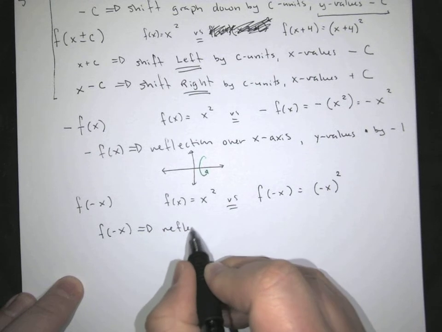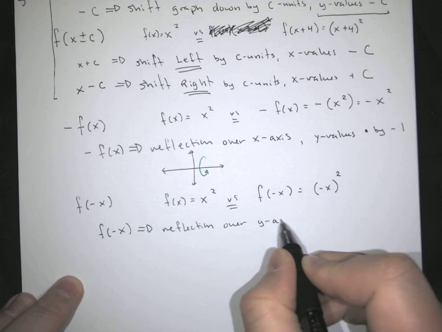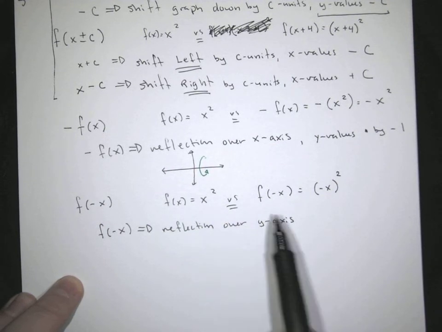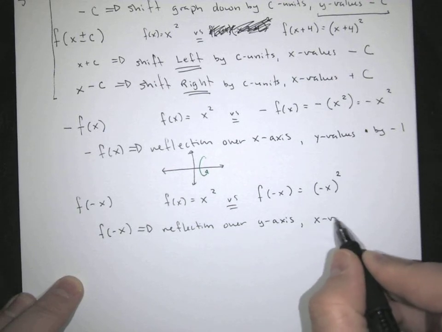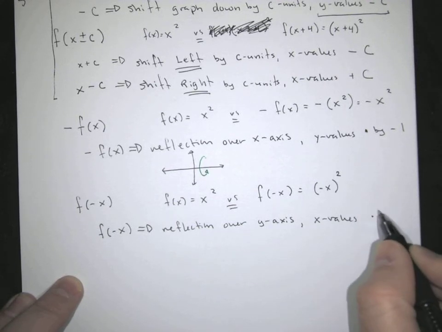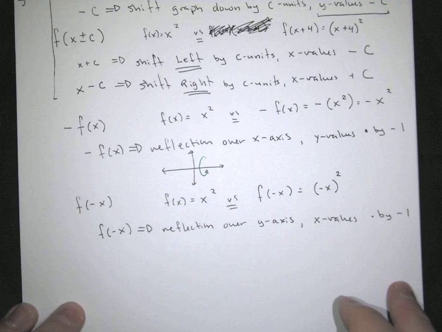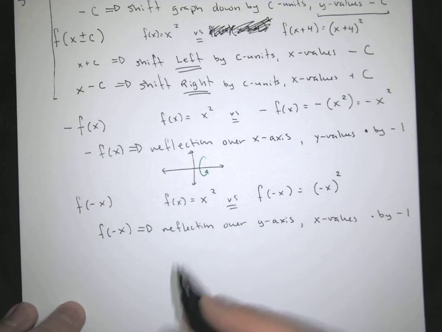This is a reflection over the y-axis, a left-right type of reflection. Our x values will all be multiplied by -1. If we're thinking of this as a table of x, y coordinates, we change all of our x values from positive to negative and vice versa, keep the y values the same, and that makes our new graph.